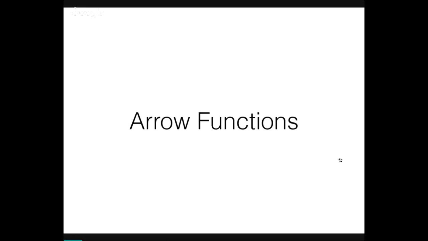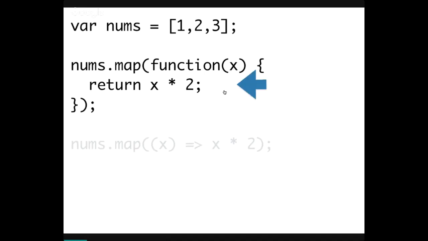So one of the first ones, and we started using these with Jest, and I said don't worry too much about it, is the concept of arrow functions. So we've been writing our functions traditionally like this, with function, and then the arguments, and returning something. Except sometimes, for example in those Jest examples, you don't really have all of the ceremony around the function.